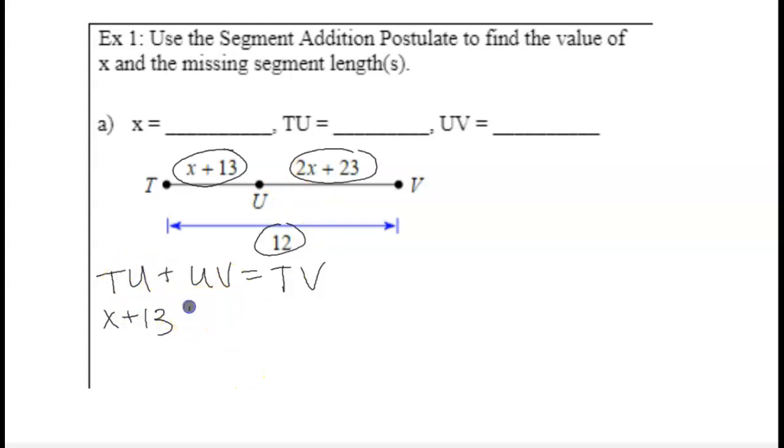So part plus part, UV is 2x plus 23, equals whole and TV is the whole thing, which is 12. So to give a little color coding here, I have TU, UV, and TV.